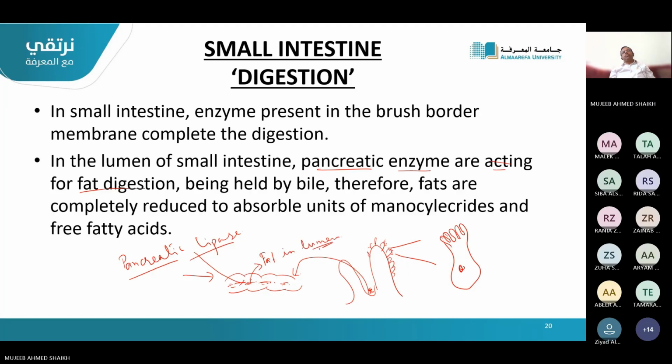But digestion of carbohydrate and protein will be on the brush border. Digestion of fat will give you monoglyceride and free fatty acids, which will be in the lumen, whereas carbohydrate and protein digestion will be on the brush border.